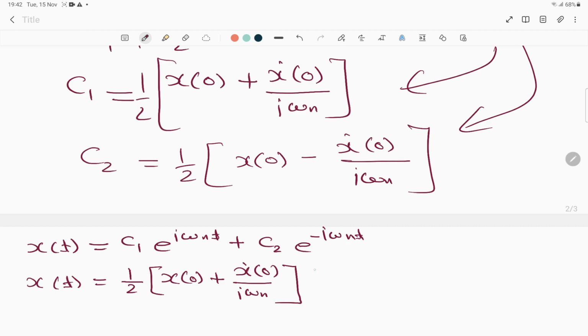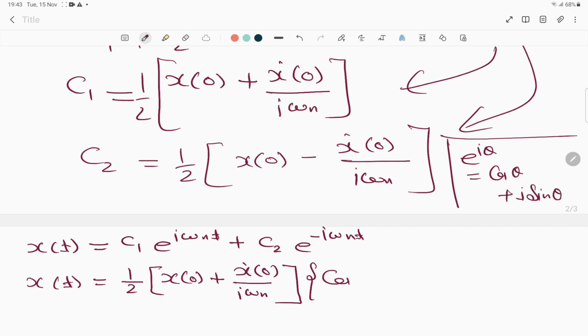And the second form, whatever is over here, let me write it using Euler's formula. So I'm hoping that you are aware that e power i theta is nothing but cos theta plus i sin theta. That is the Euler's formula over here, and that I can write, so that is over here cos omega nt plus i sin omega nt, and this is all the first term.